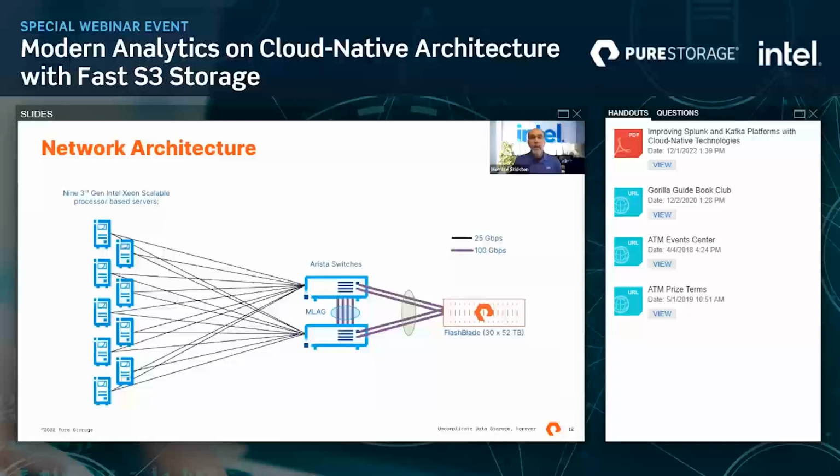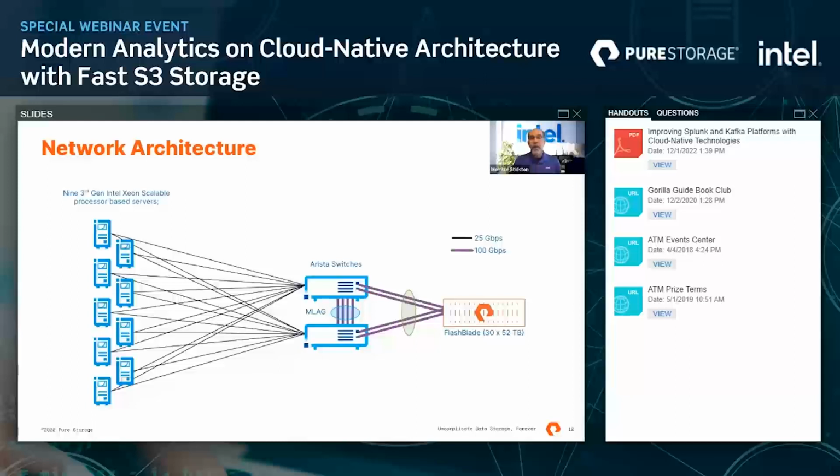So this slide outlines what we had done and how we connected the servers. On the left side, you see all of the Intel processors. The black lines connecting the Arista switches are all 25 gigabit NIC cards connecting into that. And each server has 2 so that we have failovers to both of the Arista switches.